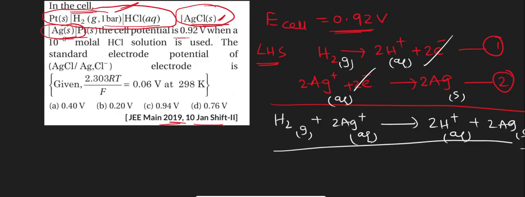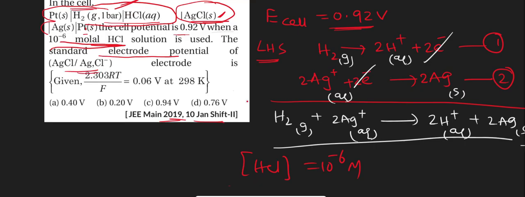Now, in that solution they have taken 10 power minus 6 molarity HCl. The concentration of HCl they have taken as 10 power minus 6 molarity. Clear? And we need to calculate the standard electrode potential of the silver electrode.